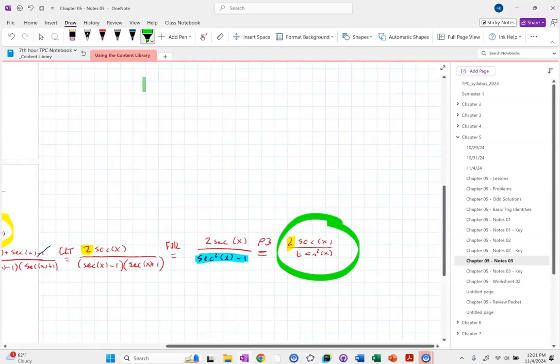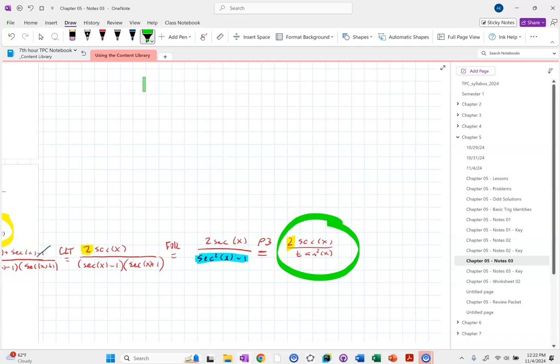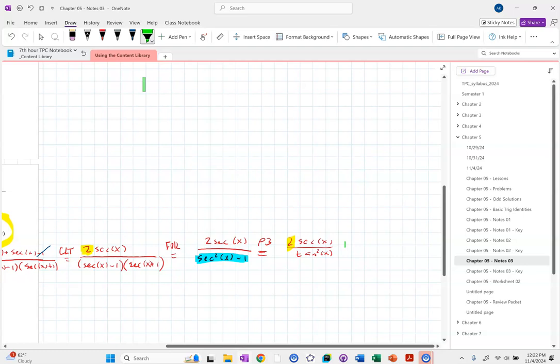If I look over here, which one of those do I have? Would it be Q2, so secant, or cosecant or secant? Well, I don't have cosecant anywhere over here, do I? No. What I do have is a 1 over tangent, though, right?